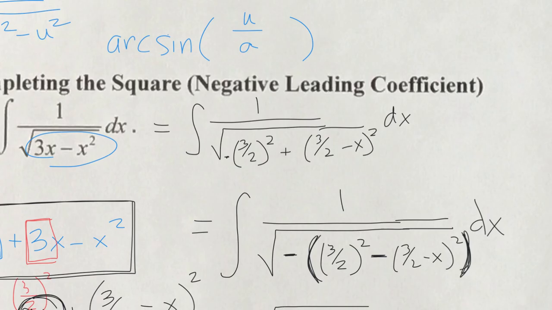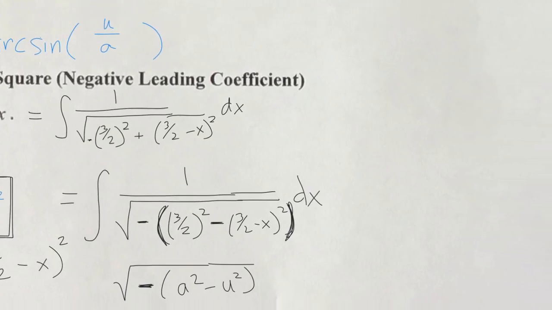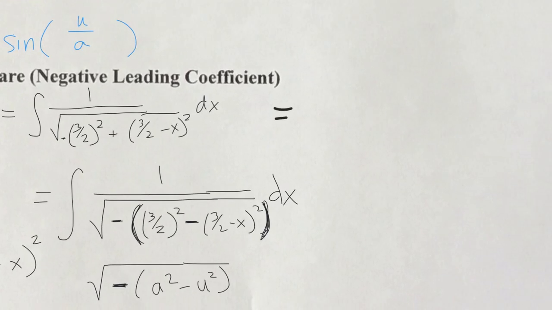So this is the square root of the negative of a squared minus u squared, which just means our integral is going to be negative, right? The answer will be negative in the end rather than the positive. So negative arcsine rather than positive arcsine. So let's see, negative arcsine.